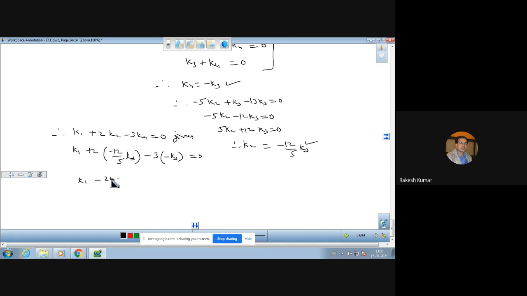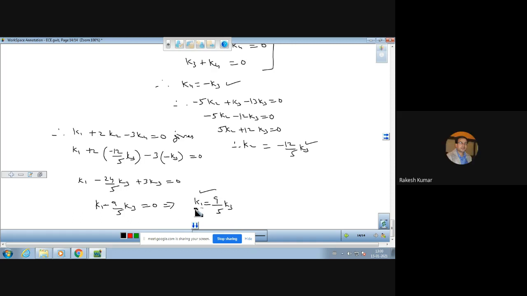K1 minus 24 upon 5 K3, and this is plus 3 K3 is 0. So K1 comes out to be, after solving these, because this is also the coefficient of K3 and this is also the coefficient of K3, minus 9 on 5 K3 is 0. And what will it give? It will give K1 is equal to 9 over 5 K3.